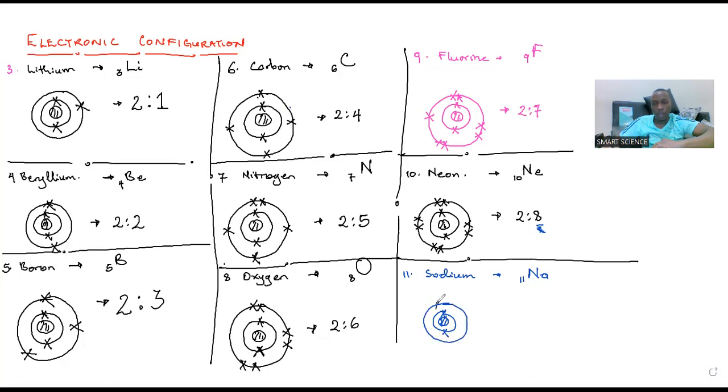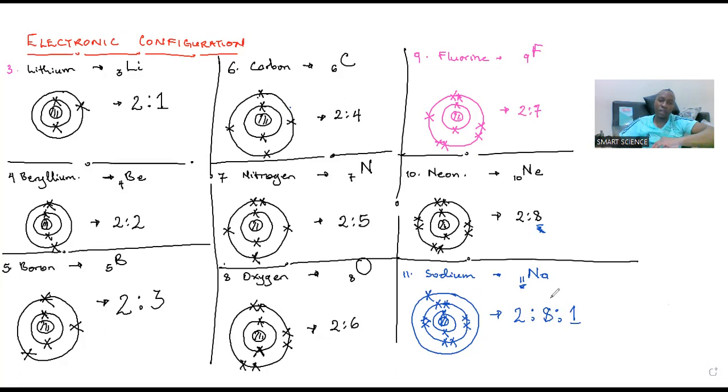Second shell has already accommodated 8, so we shall place them there. So far, those are 10 electrons. But remember, sodium has 11. Therefore, we shall include a third shell where we shall place 1 more electron, such that sodium has 2 electrons on the first shell, 8 electrons on the second shell, and only 1 on the last shell. So the number of shells sodium has differs from the number of shells possessed by nitrogen.